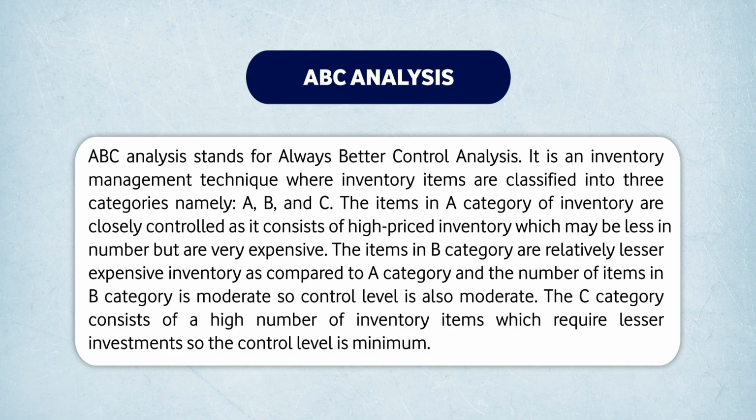The items in A category inventory are closely controlled and consist of high priced inventory, which may be less in number but are very expensive, and the items in B category are relatively less expensive compared to A category, and the number of items in B category is moderate, so the control level is also moderate. The category C consists of a high number of inventory items which require lesser investment, so the control level is minimum.